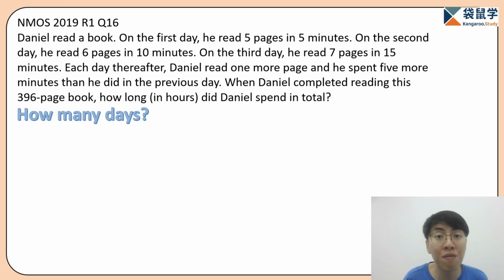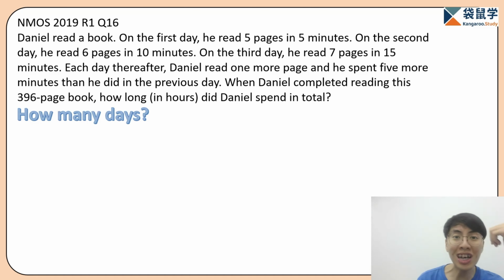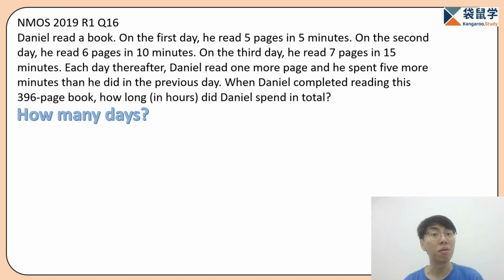Well, how can we find that? Actually, we realize for the first day, 5, second day, 6, and so on. The question has nicely told us that the sum of the pages he has read is 396. Then we should be able to solve this arithmetic sequence.